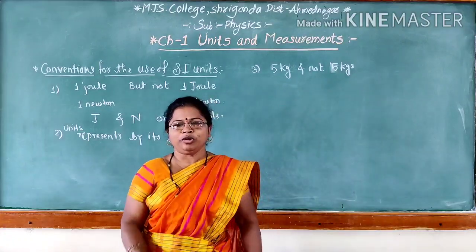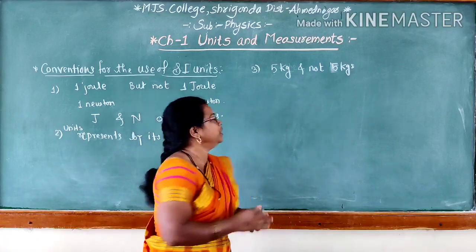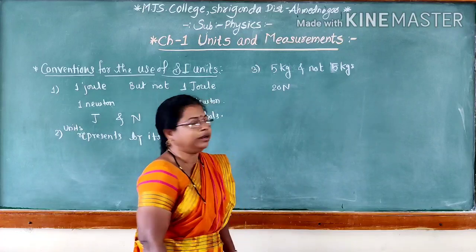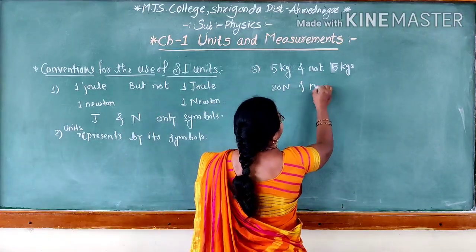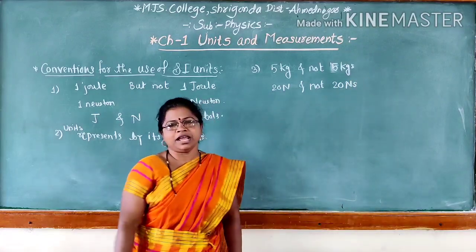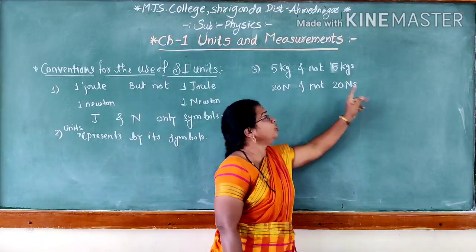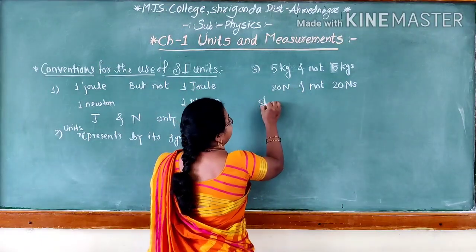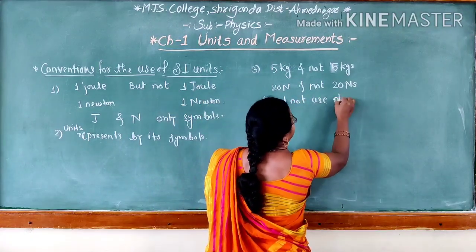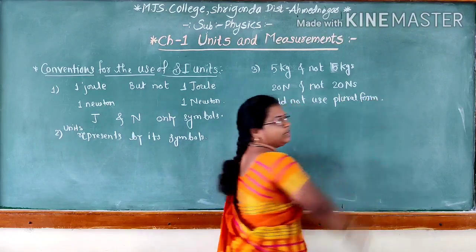Then, for example, a force we apply is suppose 20 newton, and not 20 newtons. So there should not be a plural form. This is the third convention.